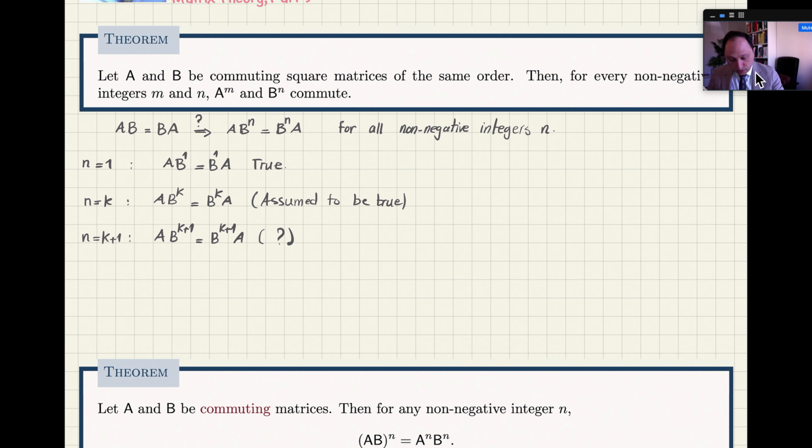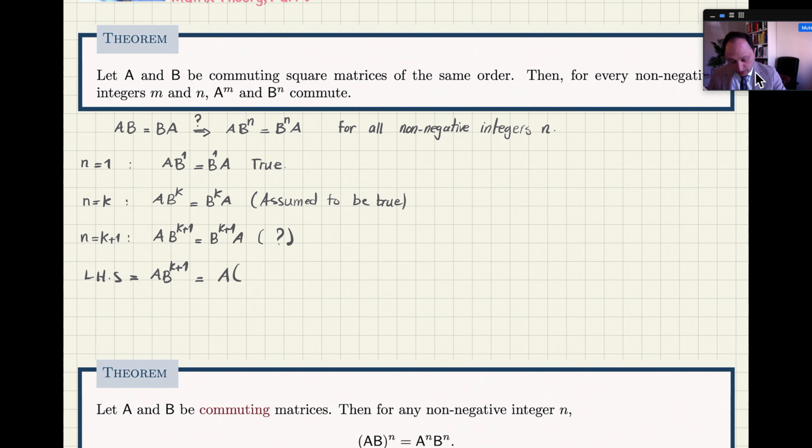Okay, what I can do, I can start from the left hand side. Here I would say the left hand side is equal to A, and instead of B to the k plus 1, I can write B to the k multiplied by B, based on the definition of the power of a matrix, yes?